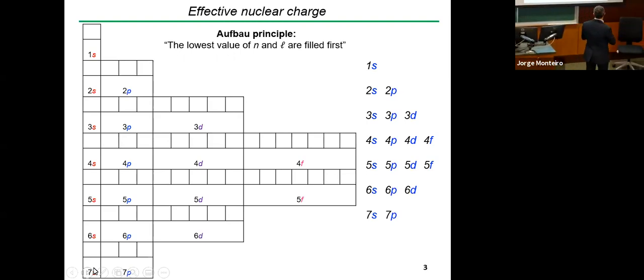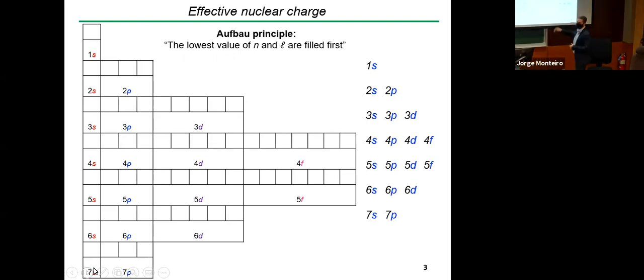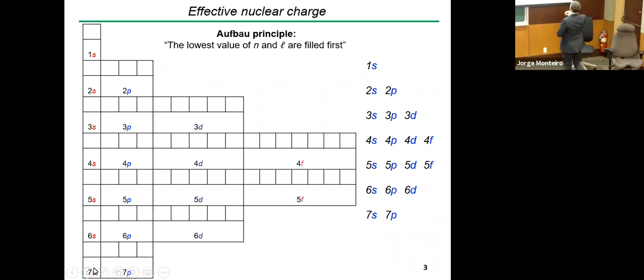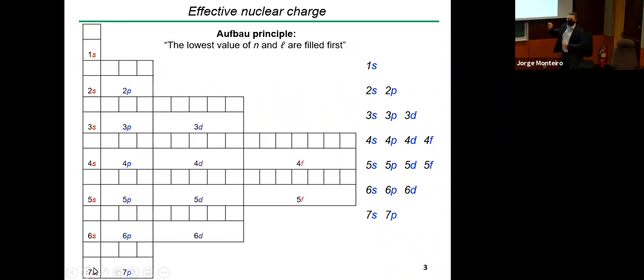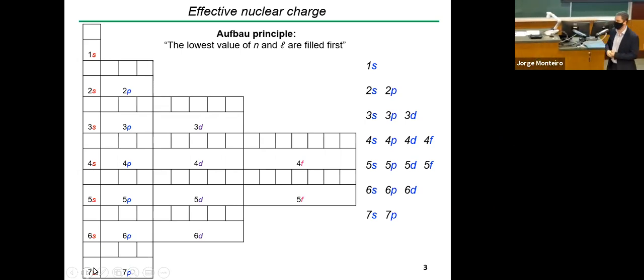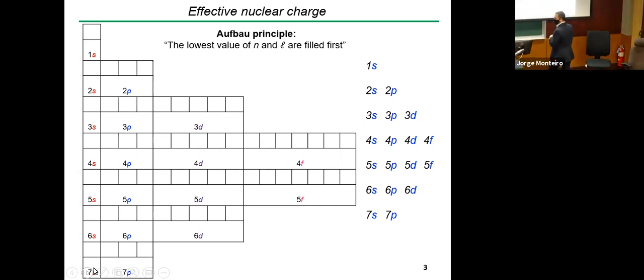So you all know how to fill up shells and subshells to get the electron configuration. And remember, when you are filling shells and subshells, you start with the lowest energy and then move to higher energy shells and subshells.